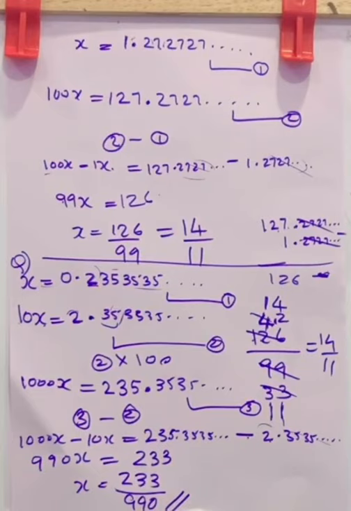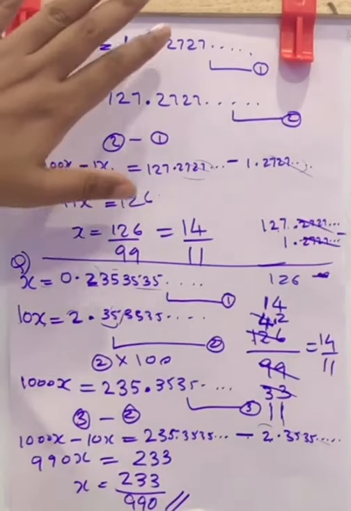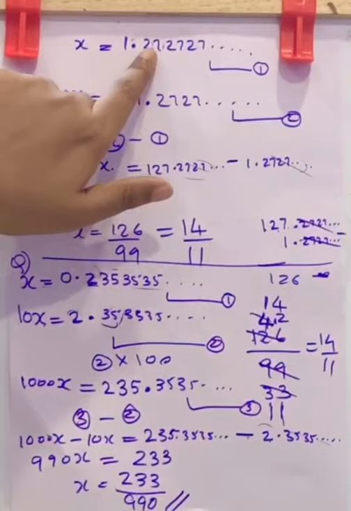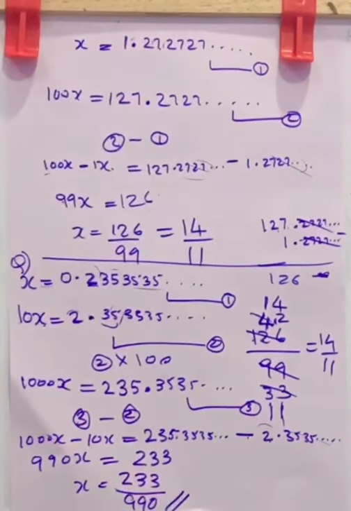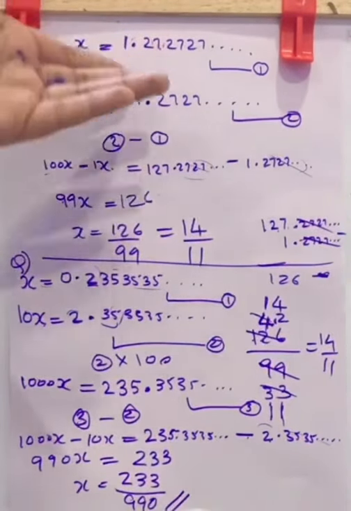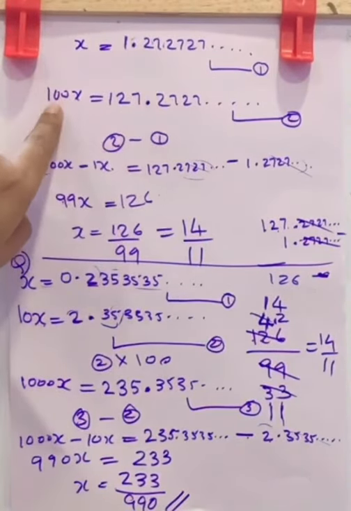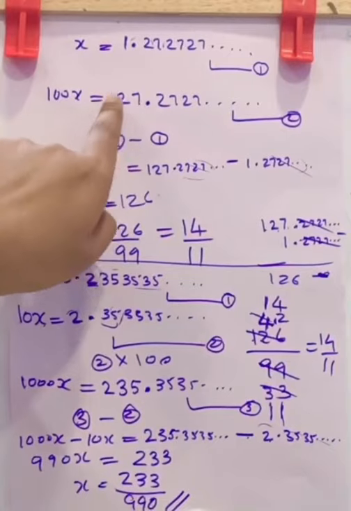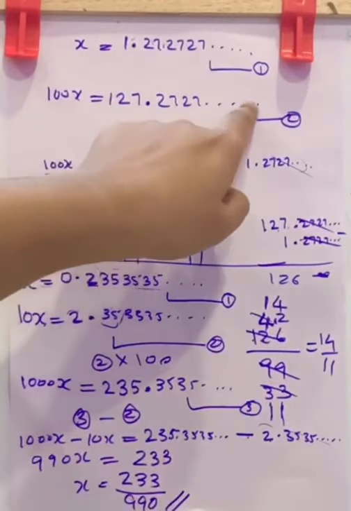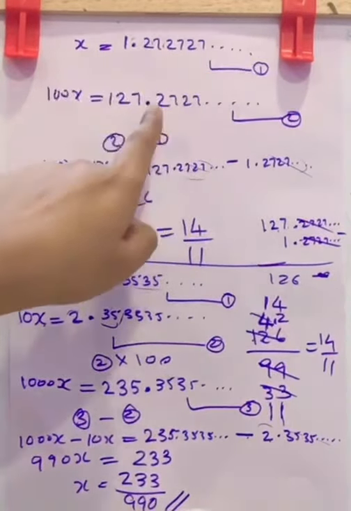So listen. When you get a question like this, where only repeating numbers are there, first you want to check how many numbers are repeating. Then you found 2 numbers. So multiply into 100. Two numbers will go to this side and the rest will be the same as this decimal expansion.